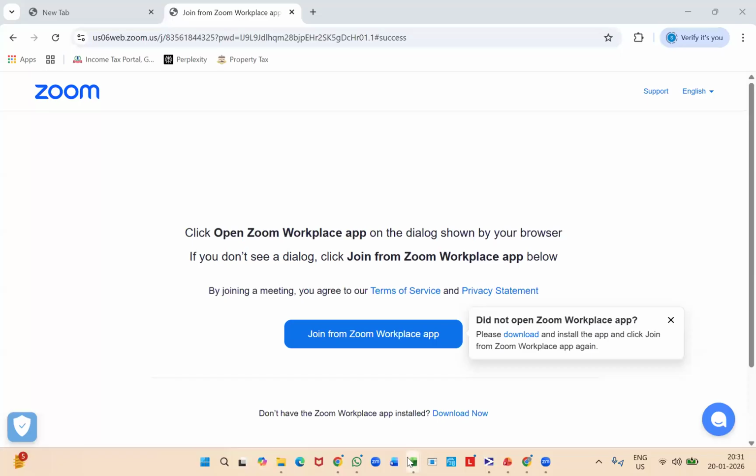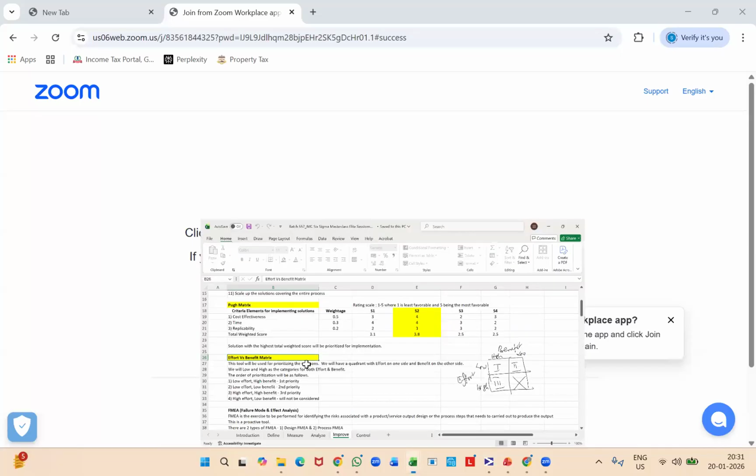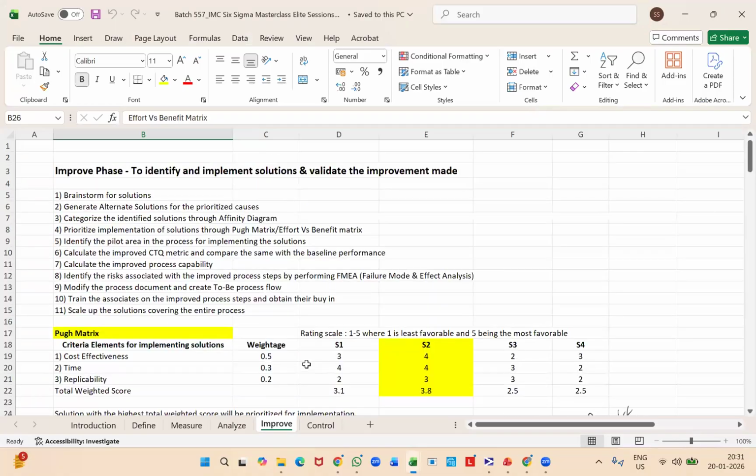Let me just share my screen. So yesterday we were discussing the deliverables under the improve phase, which is the fourth phase in the DMAIC approach. In the improve phase, we will start by brainstorming for solutions. In the analyze phase, we would have started with brainstorming for causes. So the improve phase, we will start with brainstorming for solutions.